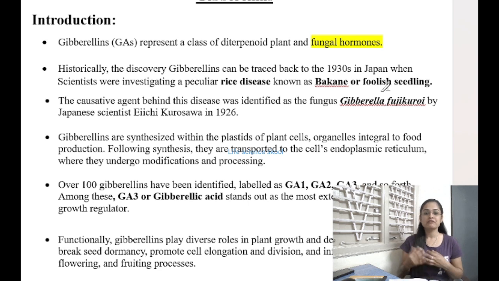He found that some of the rice plants were very tall, pale in color and seedless. He observed why some of them were like this. Then he got to know that these plants were affected by a disease, a fungus disease, called foolish seedling.